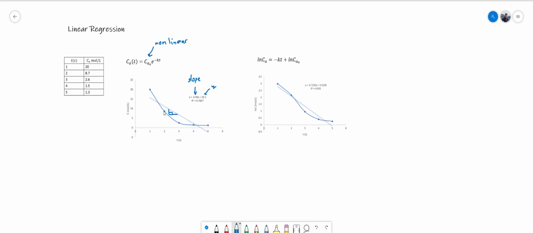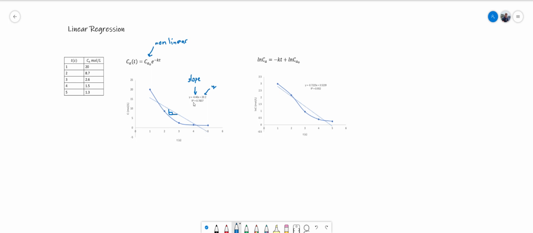If we wanted to run this experiment again in the future and know where we would expect the concentration to fall at, say, 3.25 seconds, then we can use this linear regression line to estimate where we would expect that concentration to fall.